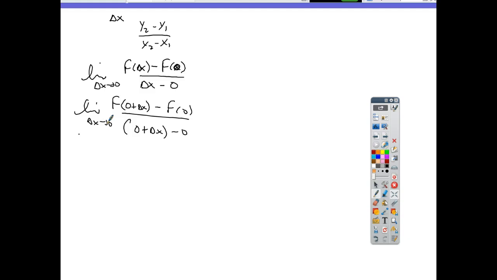And so I would write the limit as delta x approaches 0, because that's still not changing, of f of, instead of 0, I'm going to plug in whatever value of x I run into. Instead of 0, whatever value of x I care about, divided by x plus delta x minus x. That's a lot of x's.